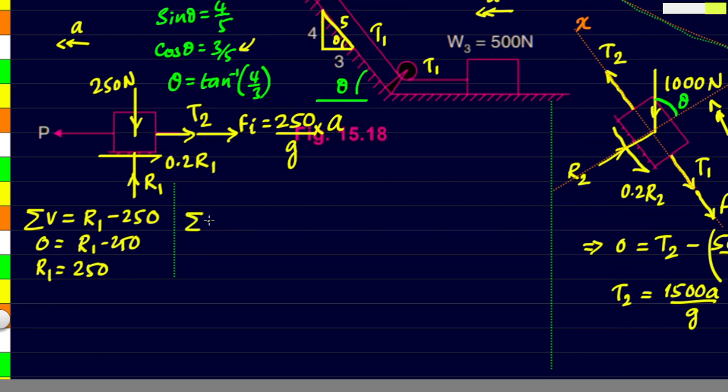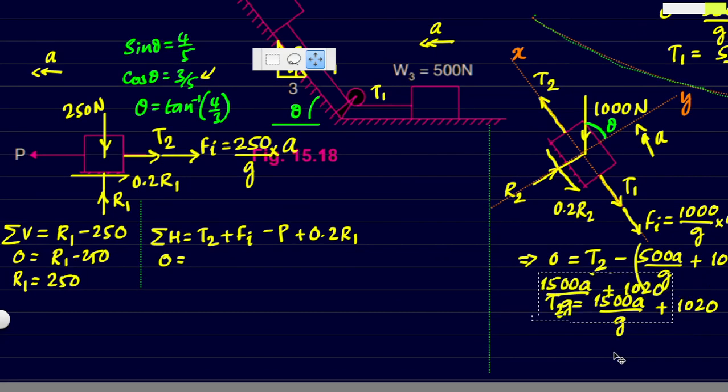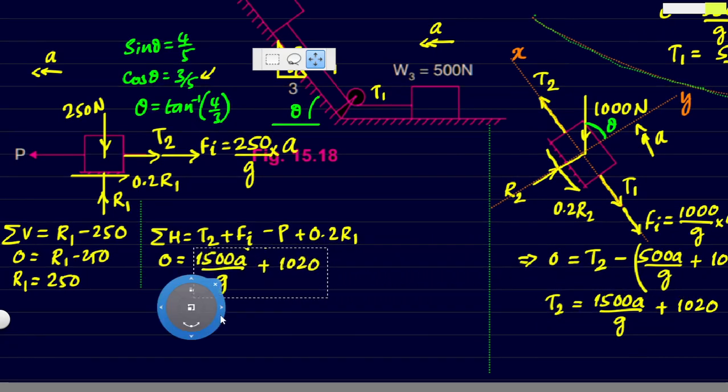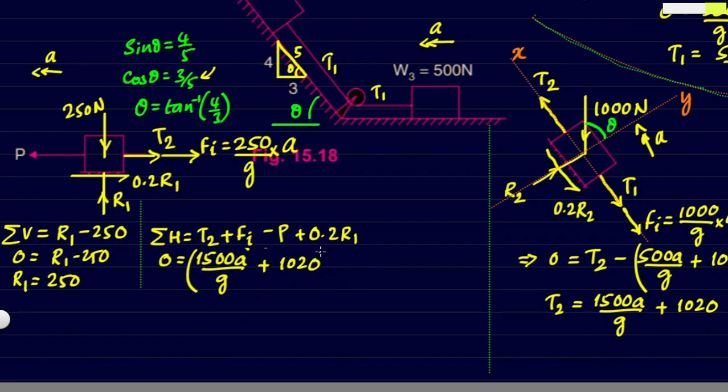Next, take all the horizontal components. T2 is acting forward, Fi is acting forwards, P is acting on the negative side, and of course the friction force is acting on the right side. This total has also got to be equal to 0. Now we know the equation for T2 from the previous calculations. Let's take it and substitute in place of T2. Plus Fi, we have found that is 250 by g times A, minus P is unknown, and 0.2 times R1.